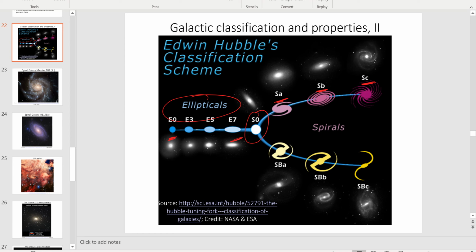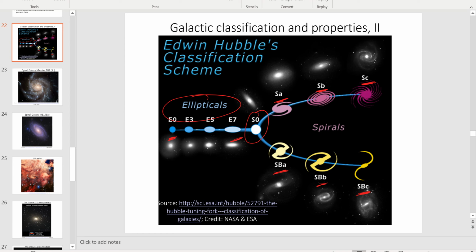We also have barred galaxies. I mentioned this at the very beginning of the lecture. A barred spiral galaxy is just a spiral galaxy that has a bar-like galactic bulge. It literally looks like a bar. So that's it.